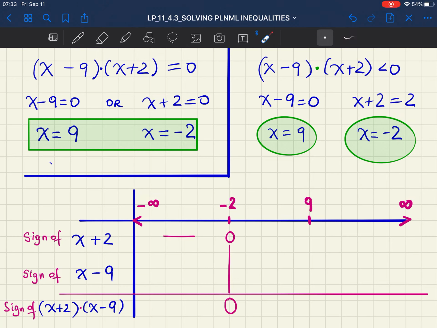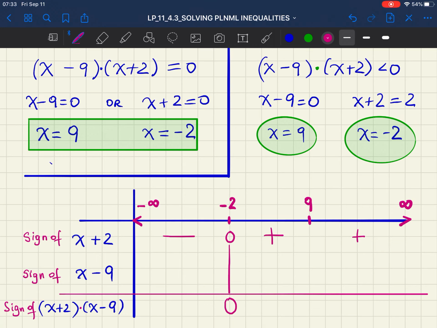And for values of x greater than -2, so imagine -1, 0, 1, 2, 3, and so on. So for example, -1 plus 2, 0 plus 2, 9 plus 2, 100 plus 2. So the value of x plus 2 will be positive. So I'm going to write positive in here. And for bigger than 9, positive.